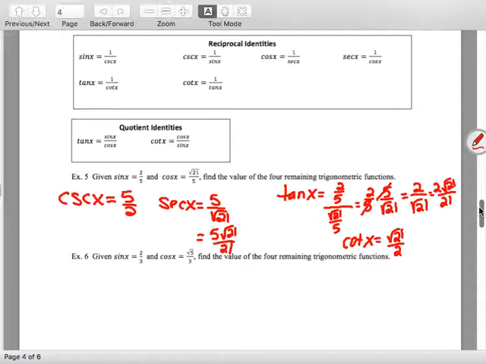All right, try example 6 on your own. If you have sine x is 2/3 and cosine x is radical 5/3, find the other 4.